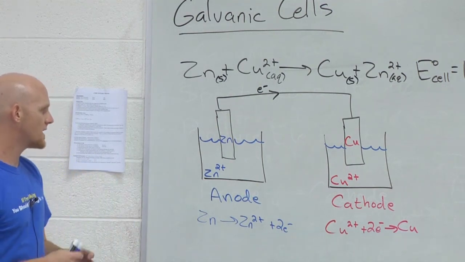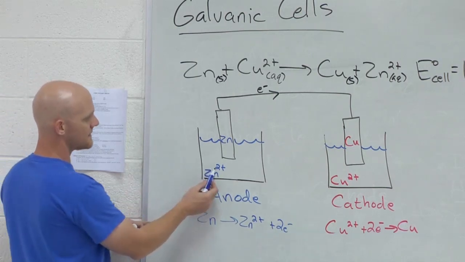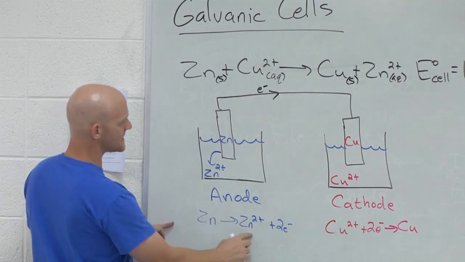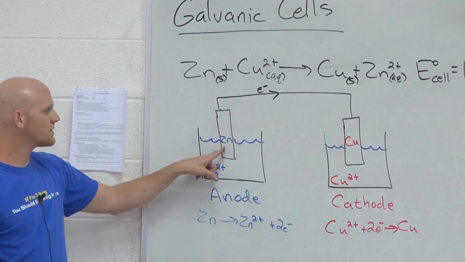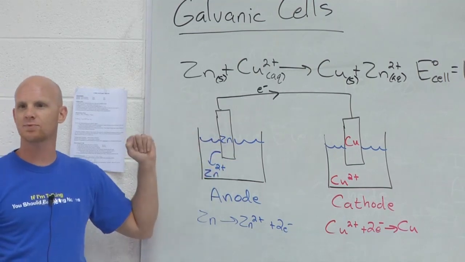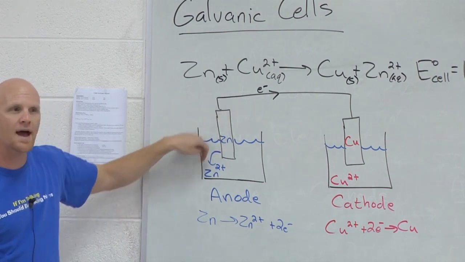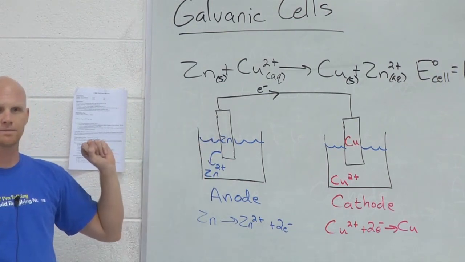So if we look at what's going on here, the zinc metal of the electrode itself is turning into zinc 2+. This electrode is actually dissolving away as this reaction goes. The zinc metal electrode starts losing mass as this reaction proceeds, and you start getting more zinc ions in the solution.